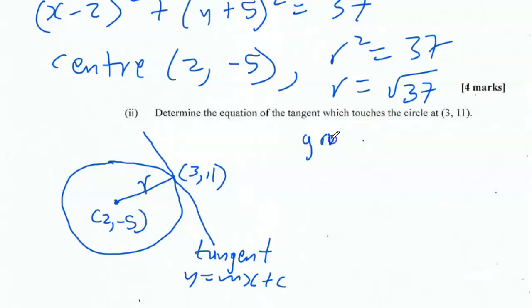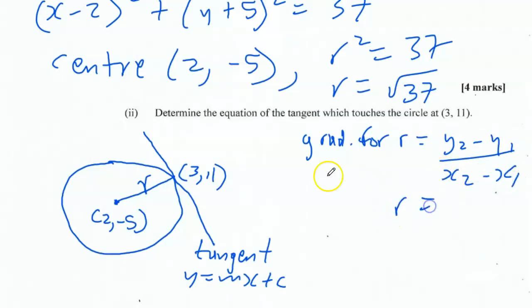So the gradient for the radius, we can use y2 minus y1 upon x2 minus x1. So here we can call this x1, y1, x2, y2.